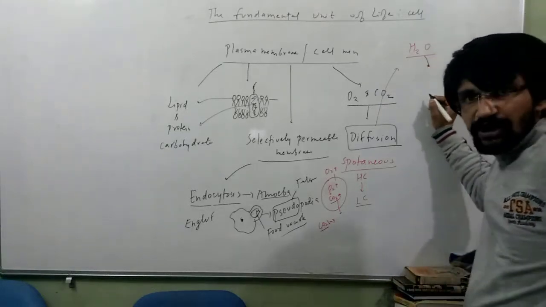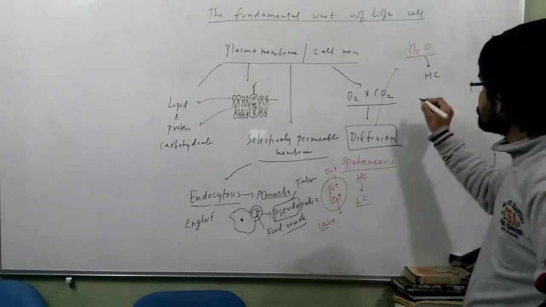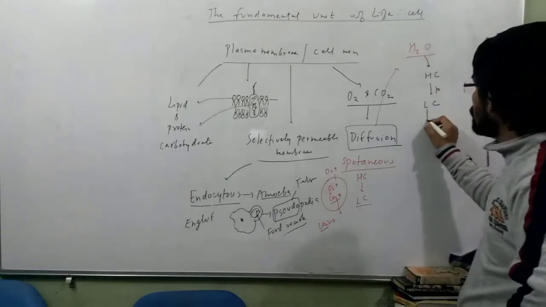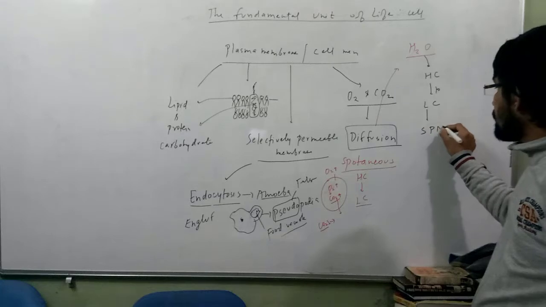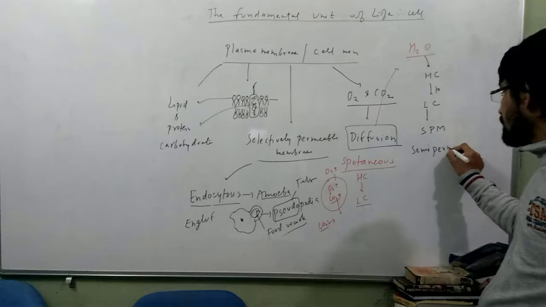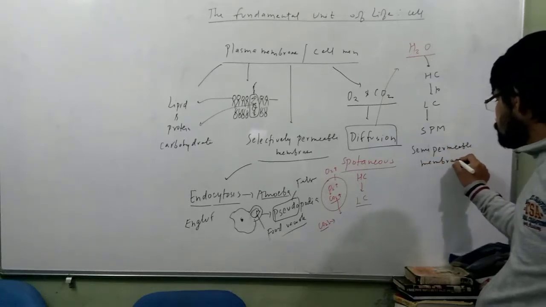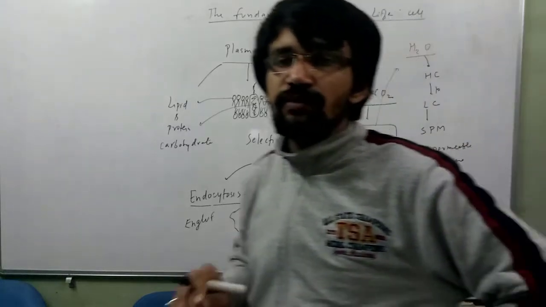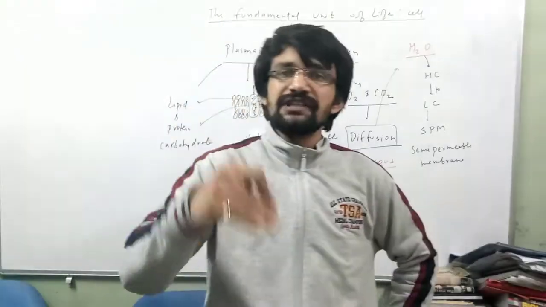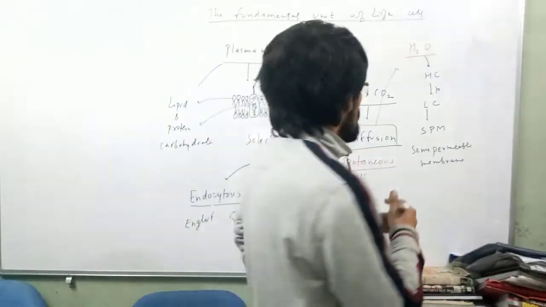There will be movement of H2O from high concentration to low concentration through a semi-permeable membrane. Is that clear, everyone? So there is a movement from higher concentration to the lower concentration of water through the semi-permeable membrane, and this is called osmosis.